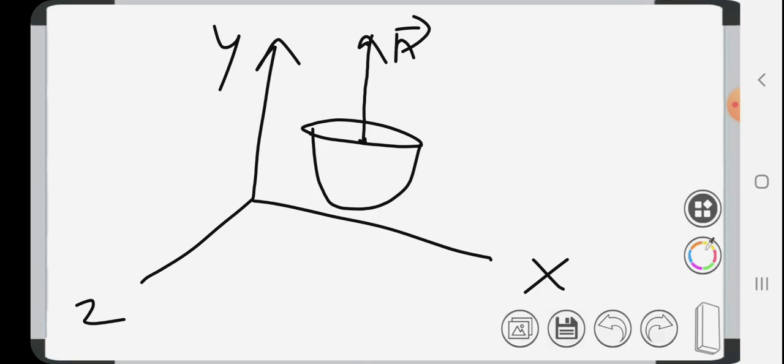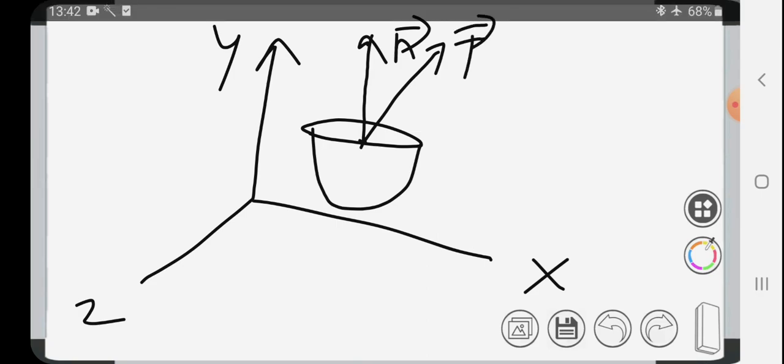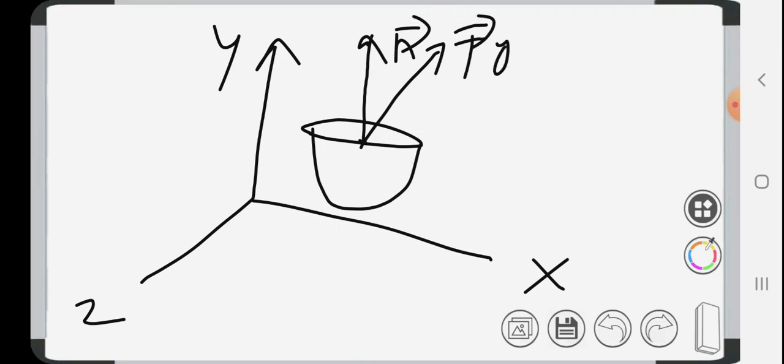Since the plane is different, the acting t vector will be a different one. Let it be the ty vector. Here also we can resolve this into three components: one in the y direction, one in the x direction, one in the z direction.